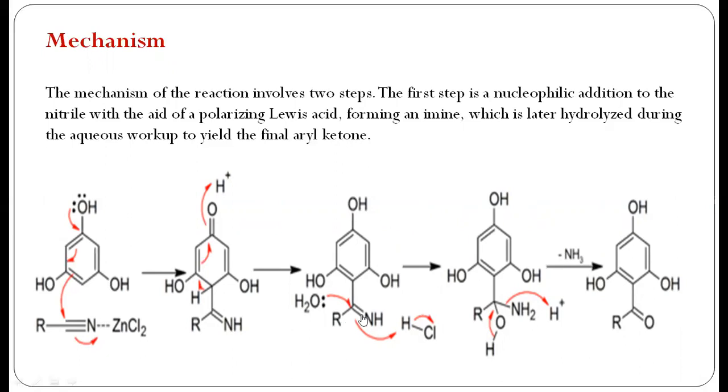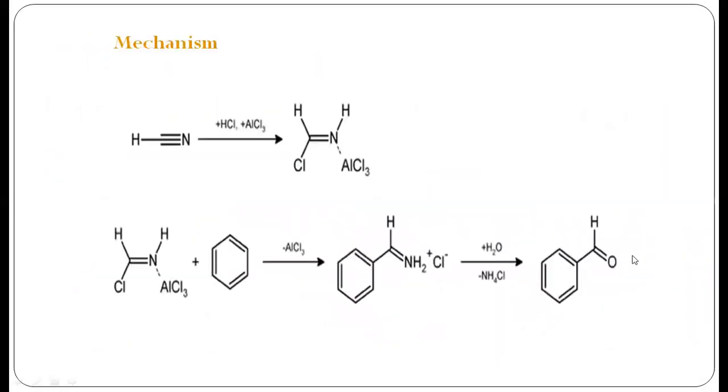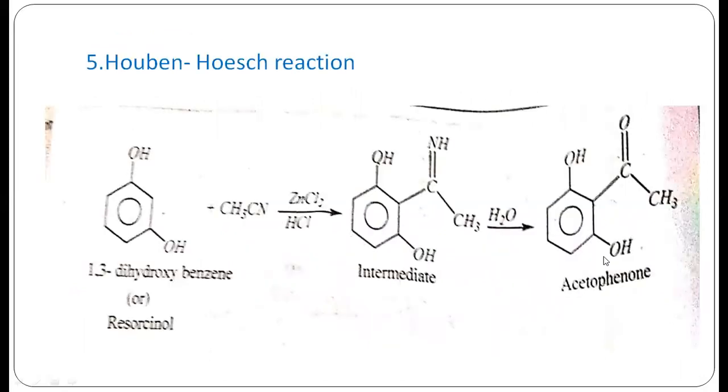Again, this imine, on further hydrolysis, wherever the NH group is there, that NH group is converted into oxygen. So finally, this compound will be produced as a ketone. In the Gattermann reaction, an aldehyde group is substituted on the benzene ring, whereas in the Houben-Hoesch reaction, a ketone group is substituted on the benzene ring.